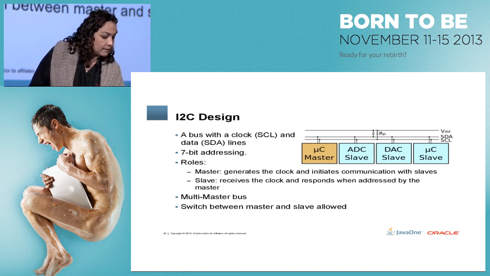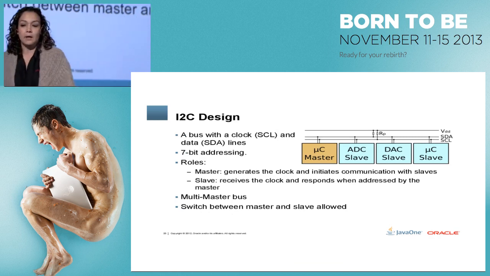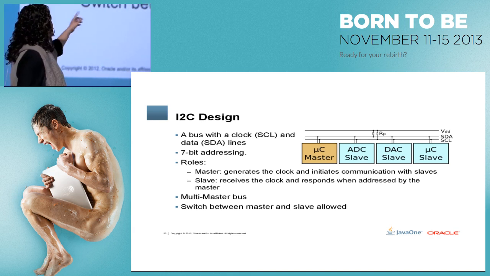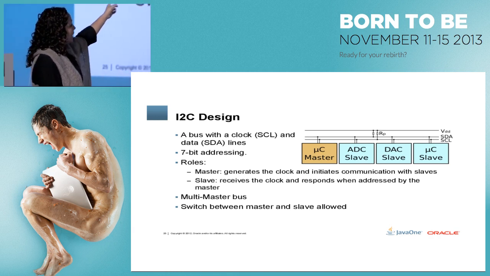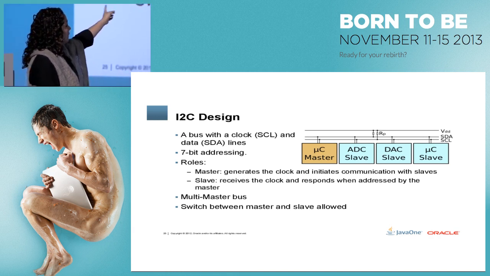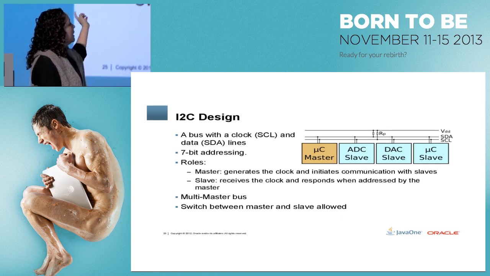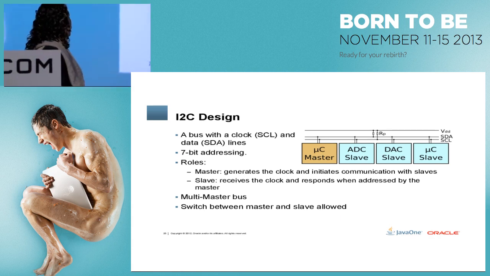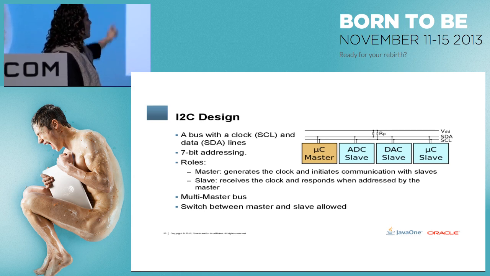A little bit about the design. So that's kind of how it looks graphically. You have the SDA line for data, the clock line, and then you have all the slaves plugging into those 2 buses, and also the master. The addressing that we're going to use is a 7-bit address. And we have 2 roles, the master and the slave.